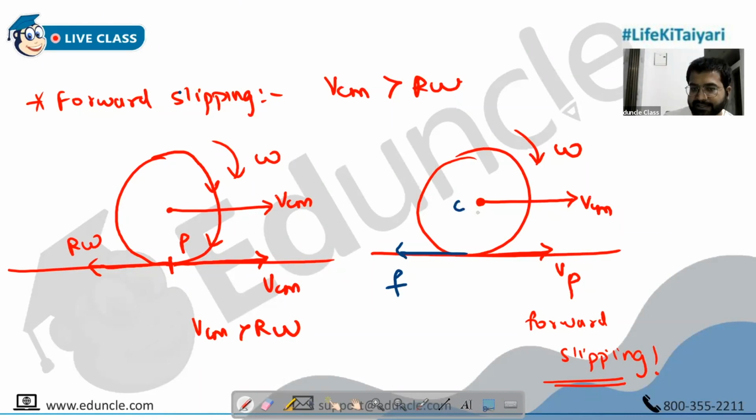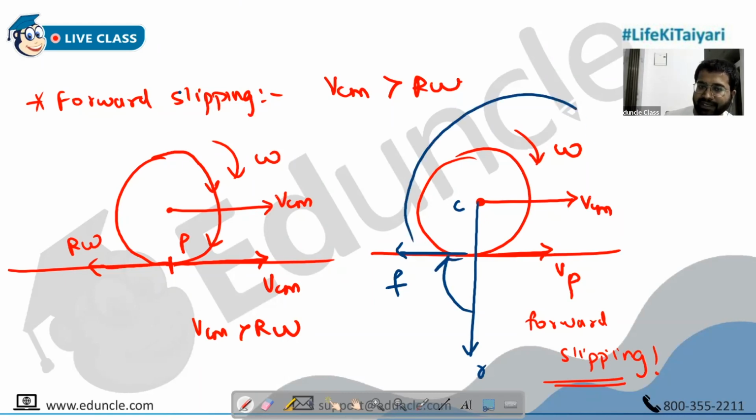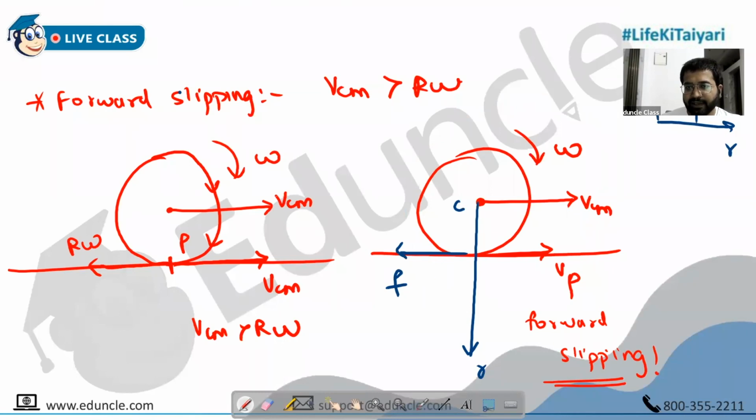Second, at the same time, F is also going to generate a torque now. Because here is the center, here you have got R cross F. And what is the direction of the torque? It's clockwise. R cross F, this is how you write, right? Basically, just draw a clock, people. If suppose, listen, if R was here, if F was here, then R cross F is like this.